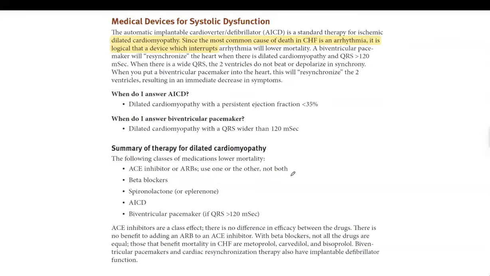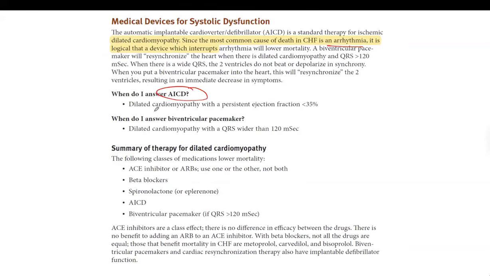Now, the one other thing: someone who you have tried every possible management for heart failure, but they are not getting better. Heart failure patient has an increased risk of dying from cardiac arrest. So the last option is to put them on an automatic implantable cardioverter defibrillator.